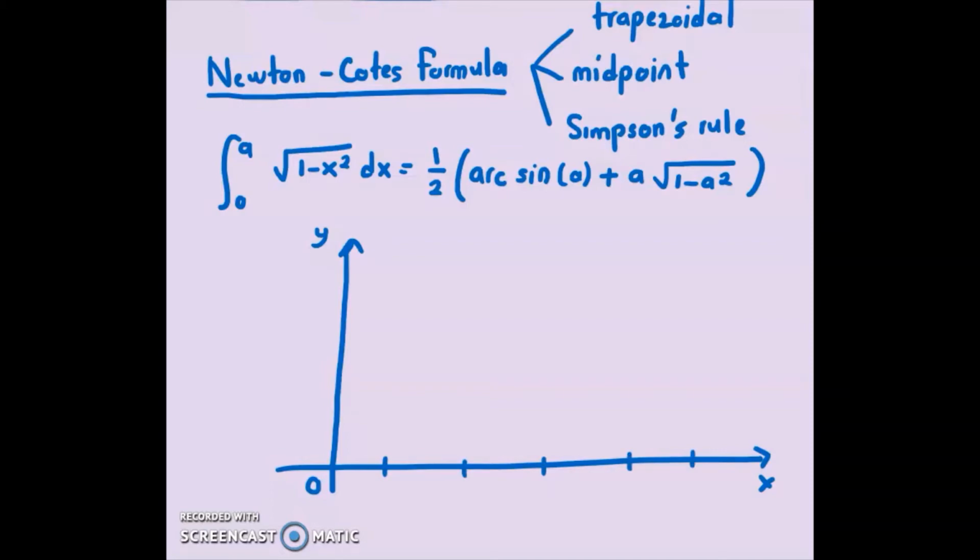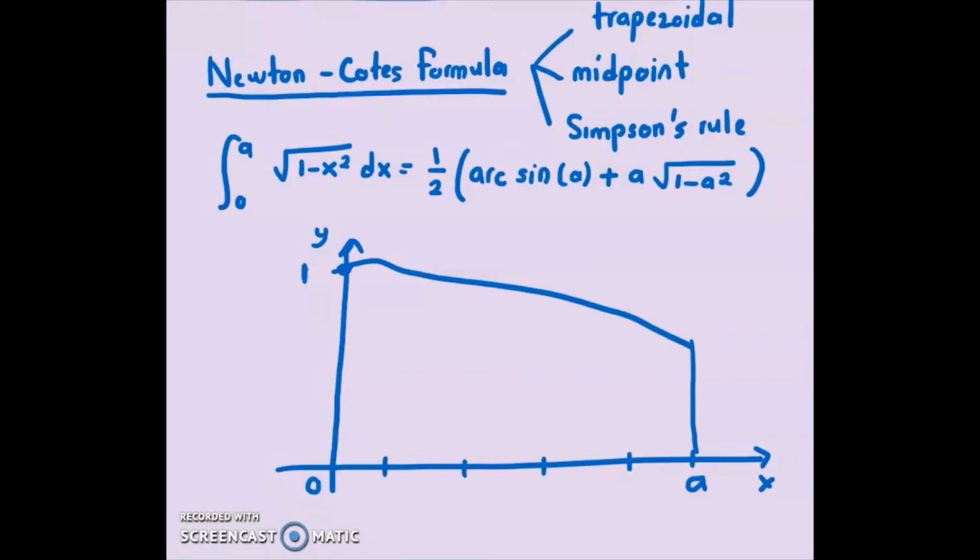When x is 0, y is 1. So my graph should have a curve like this. In this case, this is my a, not b. So we go from 0 to a, and I have this curve here.